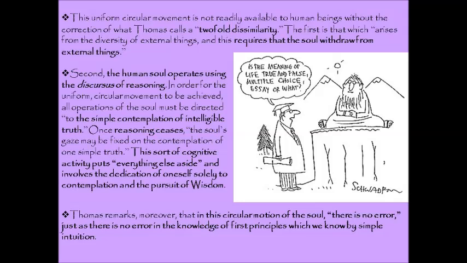All operations of the soul must be directed to the simple contemplation of intelligible truth. Once reasoning ceases, the soul's gaze may be fixed on the contemplation of one simple truth. This sort of cognitive activity puts everything else aside and involves the dedication of oneself solely to the contemplation and the pursuit of wisdom.